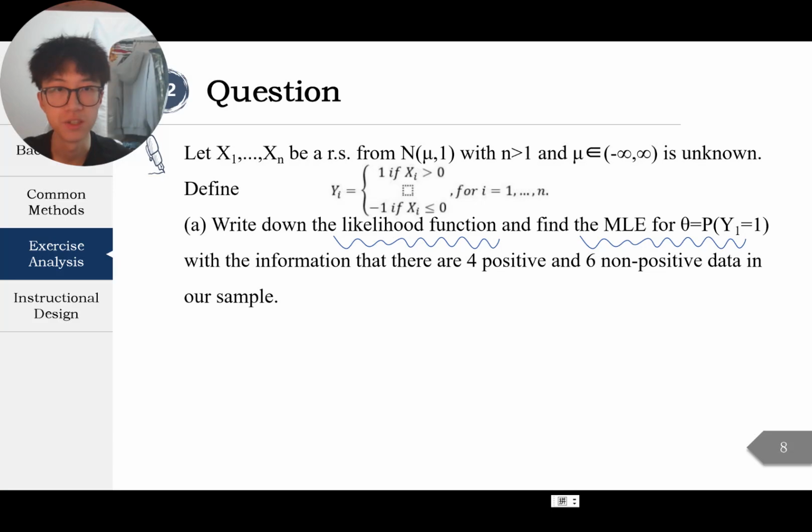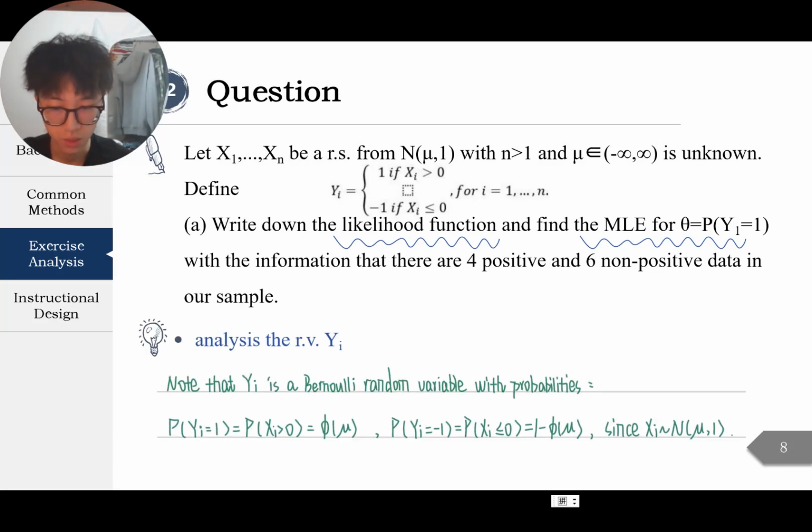First, we need to analyze the random variable yi, which is apparently a Bernoulli random variable. And then the probability that yi equals 1 is equal to the probability that xi is greater than 1.